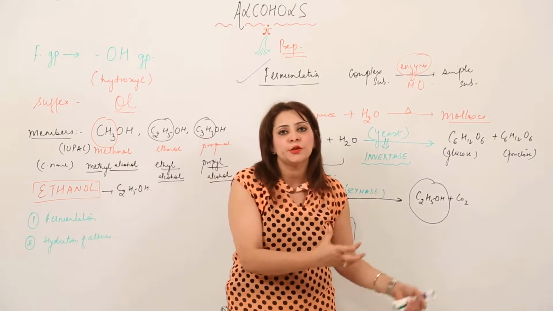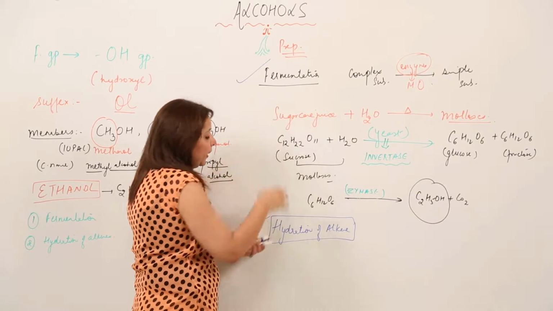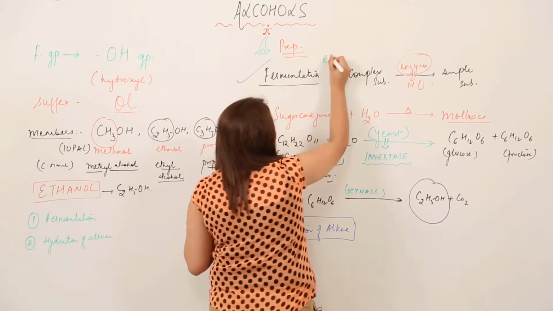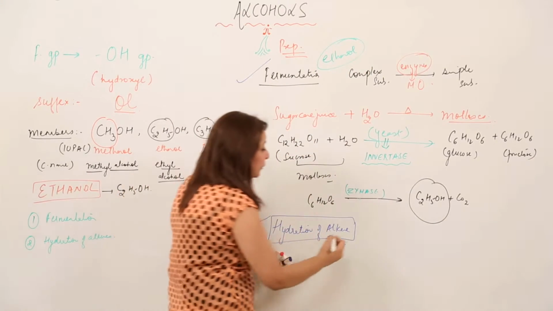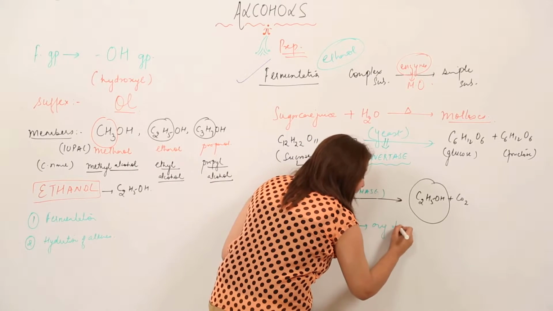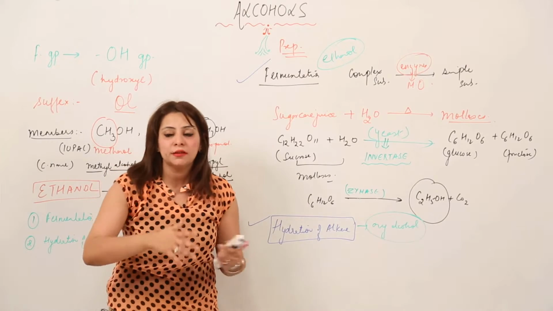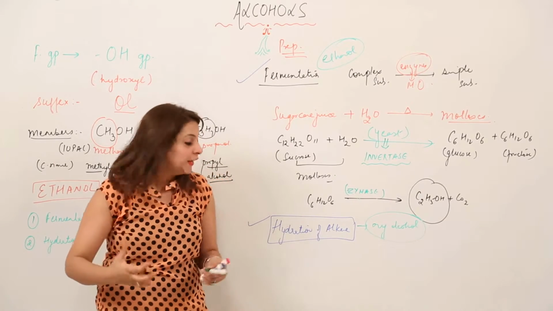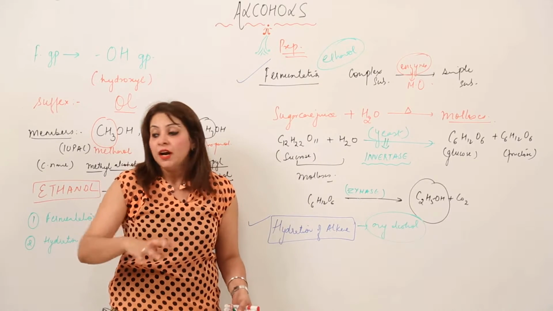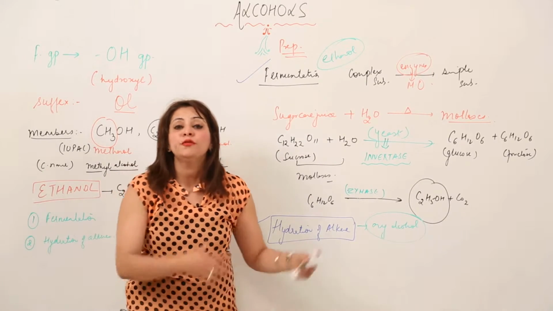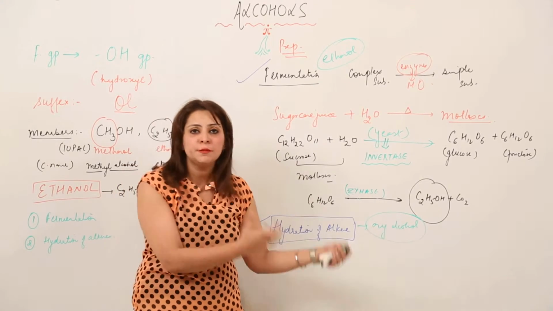So by fermentation we can prepare only ethanol, but by this method we can prepare any member of alcohol. What gets changed is the member of alkene. When you wish to prepare the fourth member of alcohol, you need to take the fourth member of alkene. If we wish to prepare the sixth member of alcohol, we need to take the sixth member of alkene.